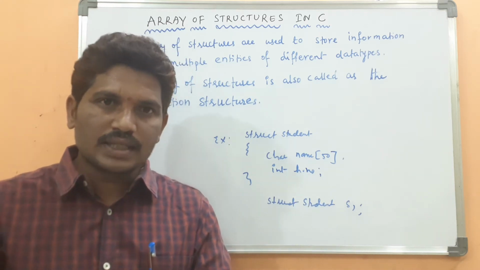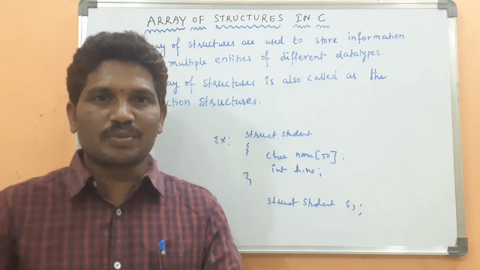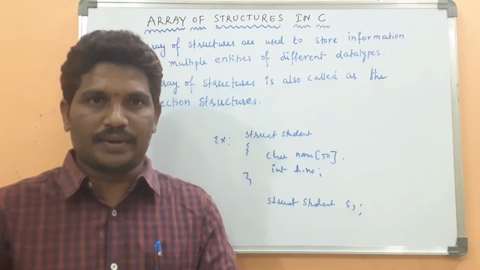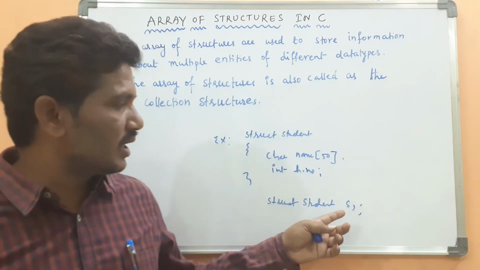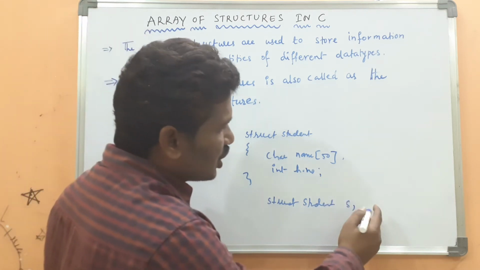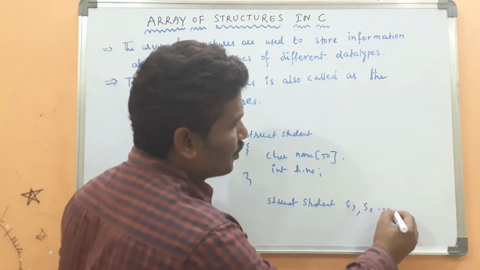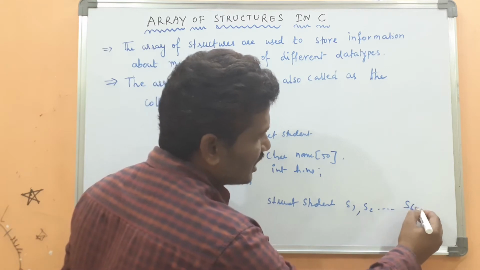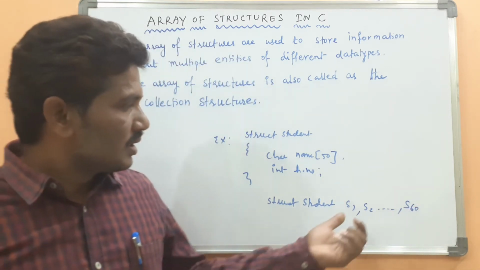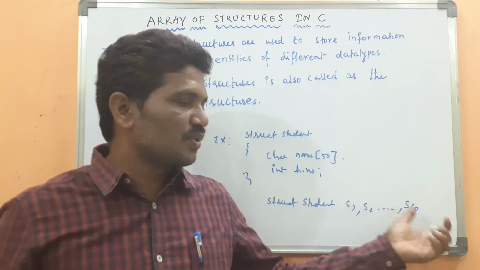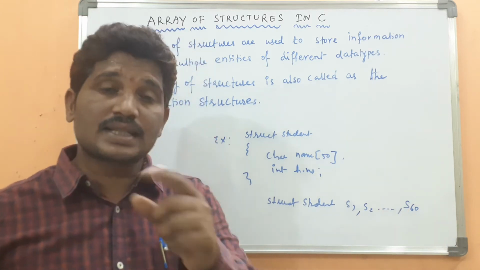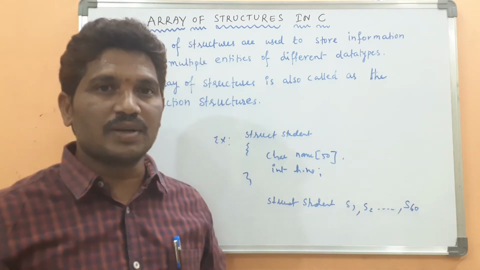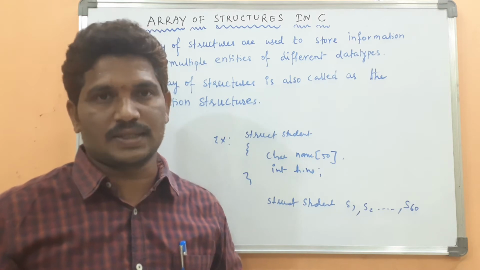If we want to store 60 students' information, how many objects are required? Then 60 objects are required, S1, S2 up to S60. The S1, S2, S3, S4, 60 objects are required to store the information about the 60 students.